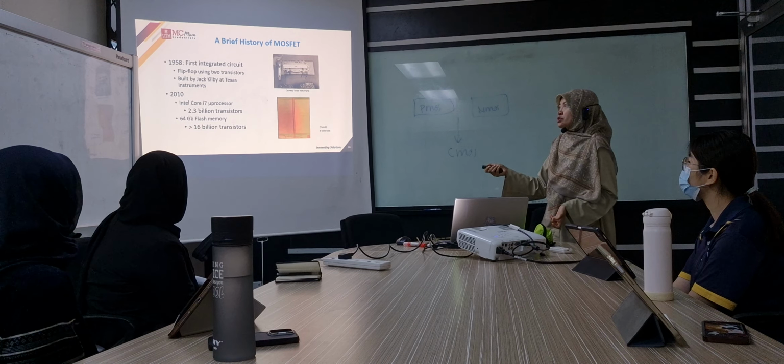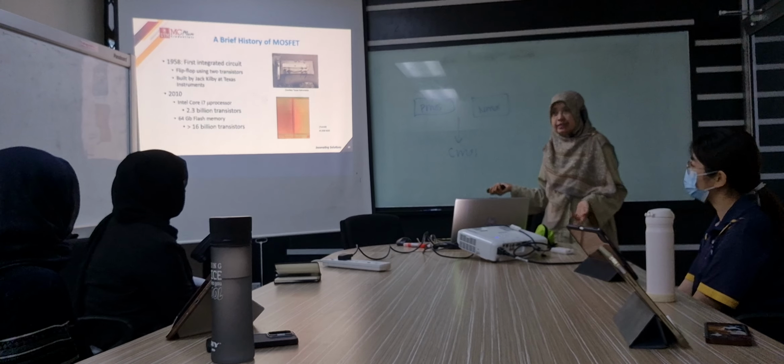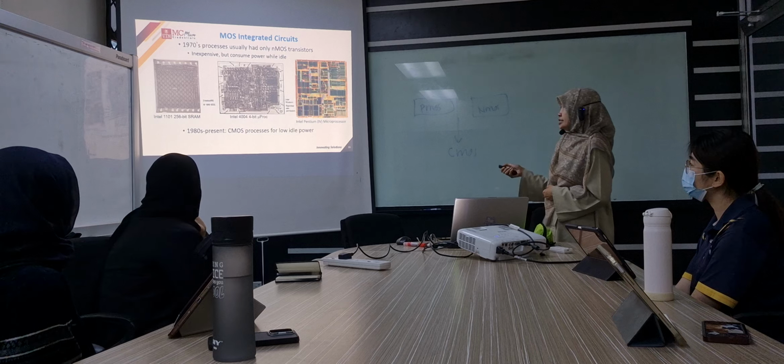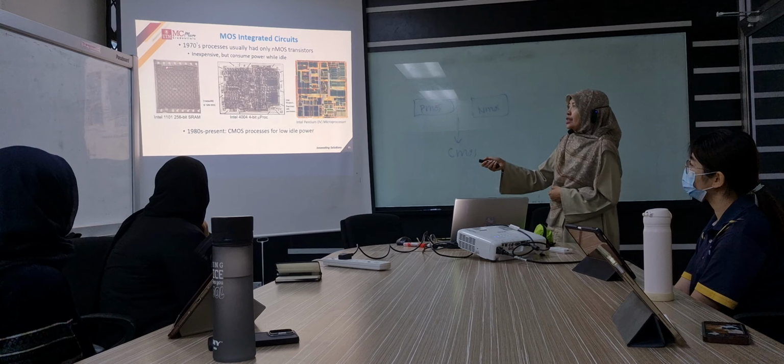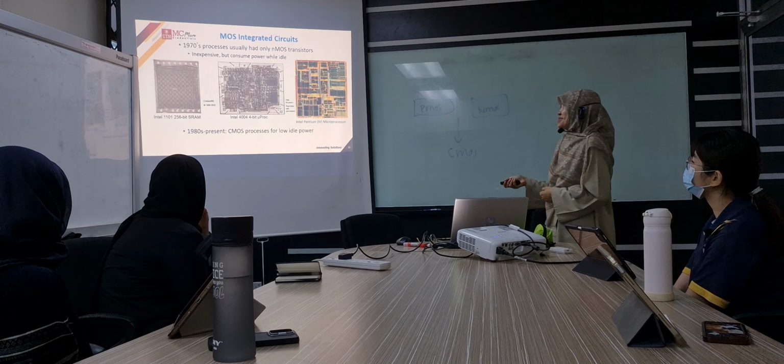Starting from 2010, Intel came out with the Intel Core i7, and nowadays we have more advancements in VLSI design. So this is Intel and the microprocessor, so you can differentiate. Long time ago, we had this kind of architecture, and now this is what we call the layout structure.